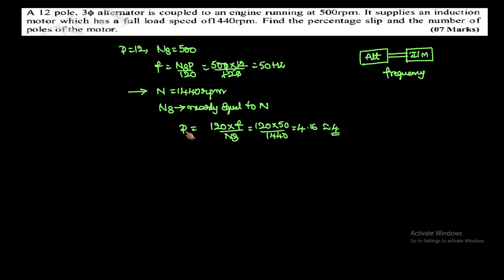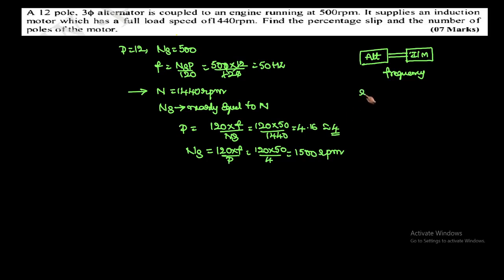Now you can calculate the synchronous speed. The synchronous speed is 120 f by P, that is 120 into 50 Hz divided by 4. You get 1500 rpm.